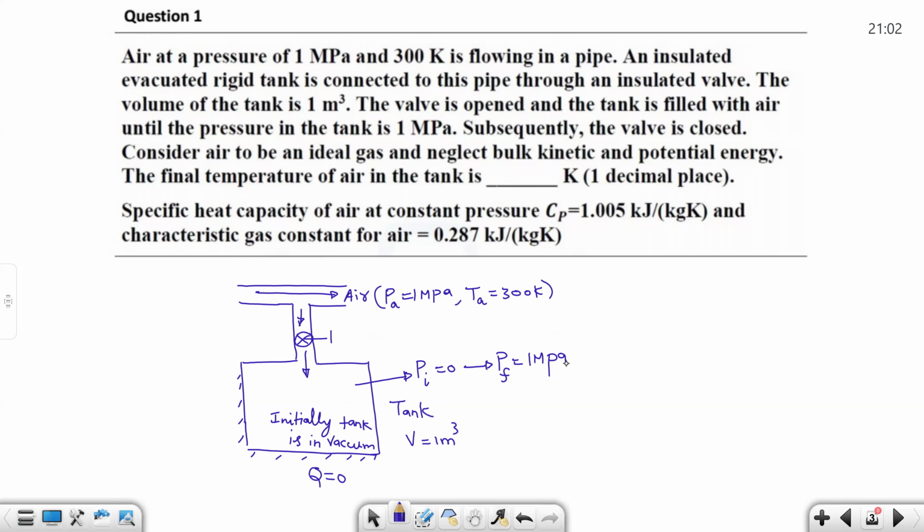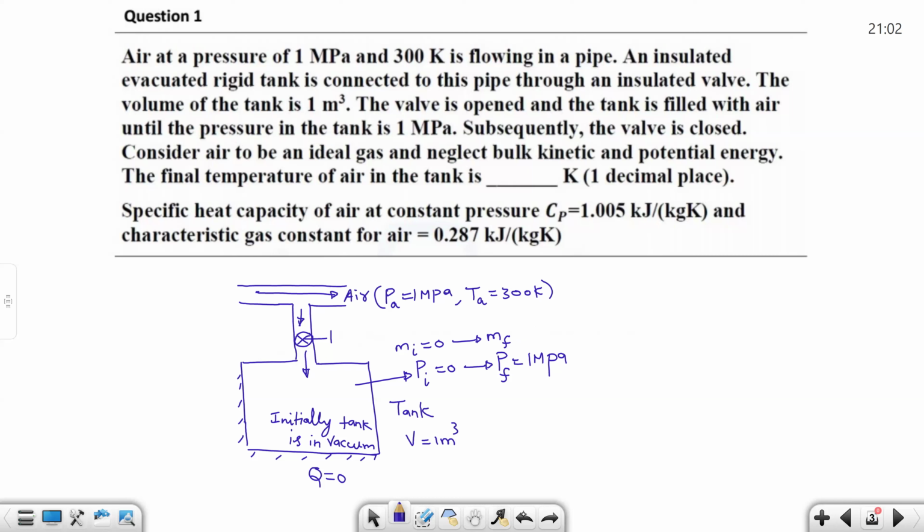Corresponding to the initial condition, the mass inside will be 0. Corresponding to this final pressure, there will be a mass inside the tank, the final mass mf, which we don't know. So from initial mass 0, the tank is filled with a final mass mf.